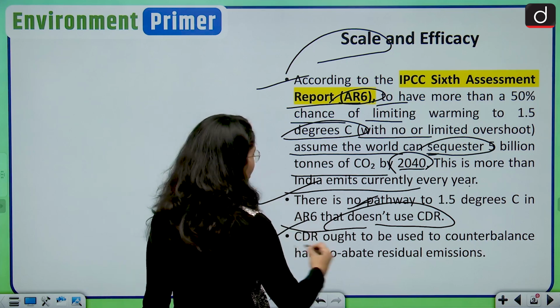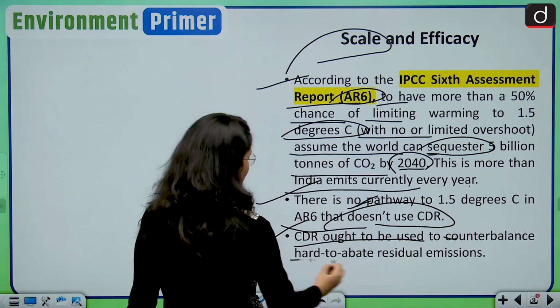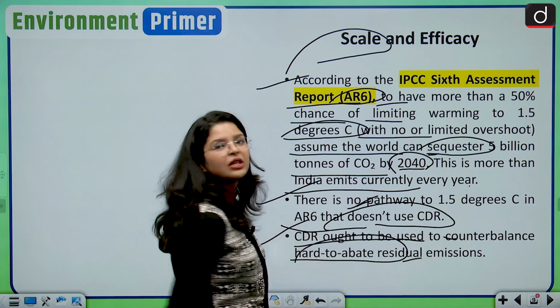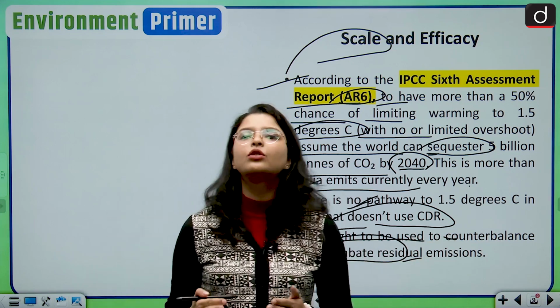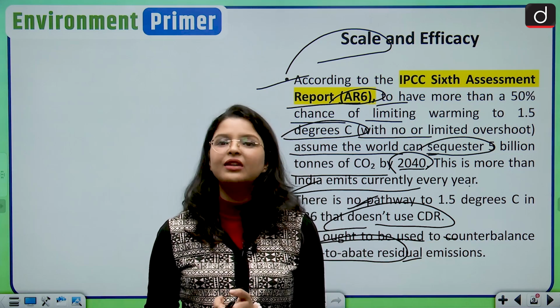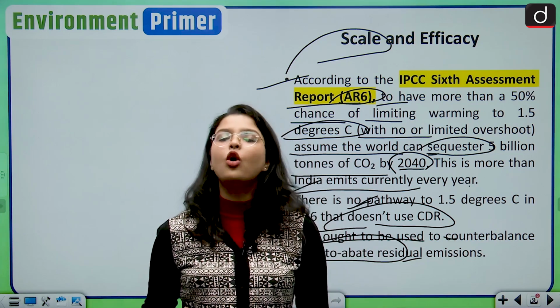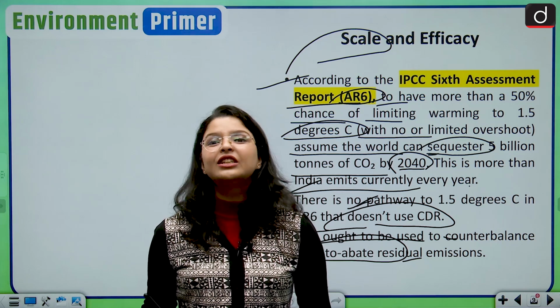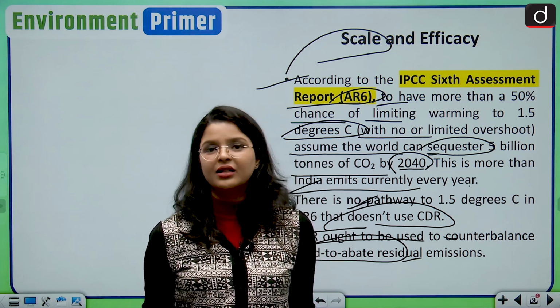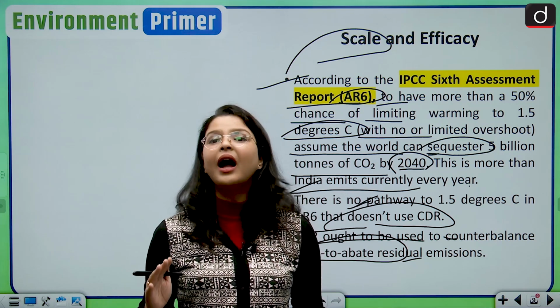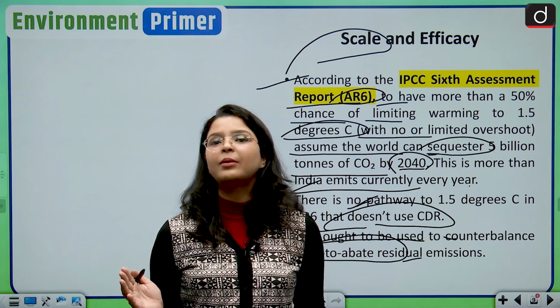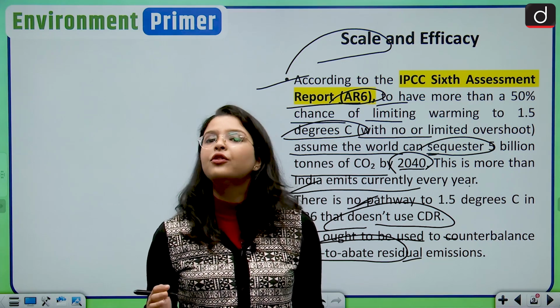Okay, so CDR ought to be used to counterbalance hard to abate residual emissions. So this is what I was explaining to you before also, that without using this technique, it is almost impossible to achieve the net zero emission targets, because we have unabated emissions of carbon dioxide due to the use of fossil fuels.